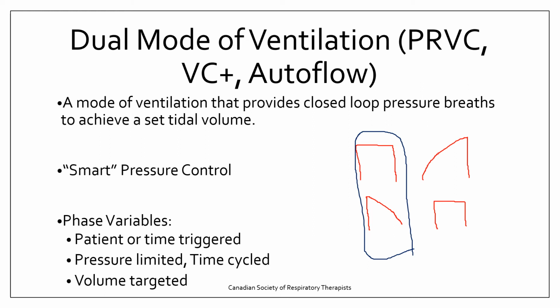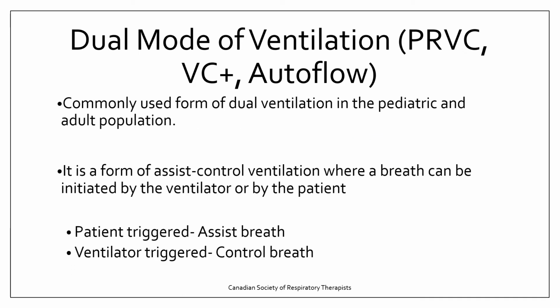It will change its pressure on a breath by breath basis to get close to a set tidal volume. It's a commonly used form of ventilation in both the pediatric and the adult population because it's a bit more comfortable for the patients, and we can get a guaranteed minute volume as best we can to keep our blood gases nice and stable.